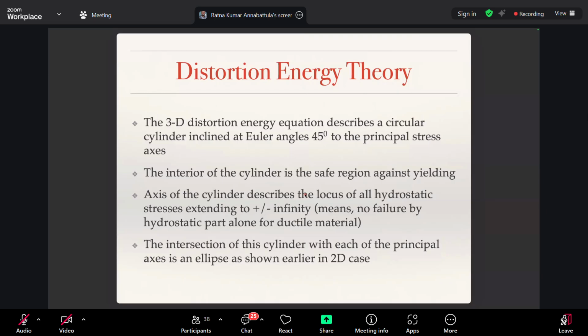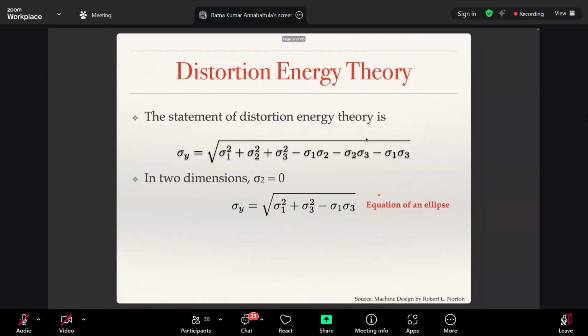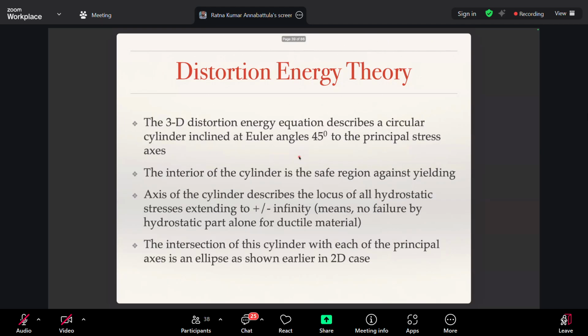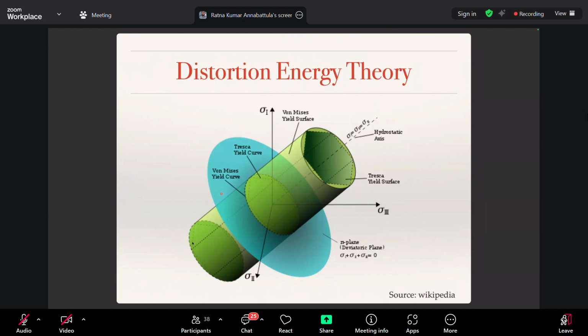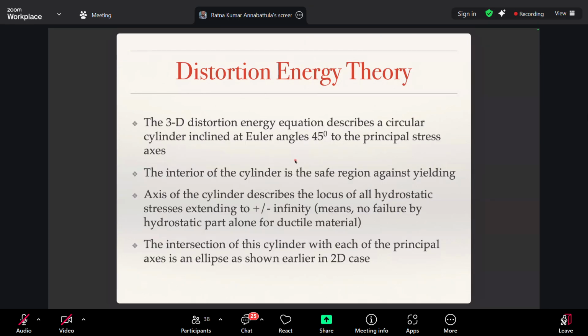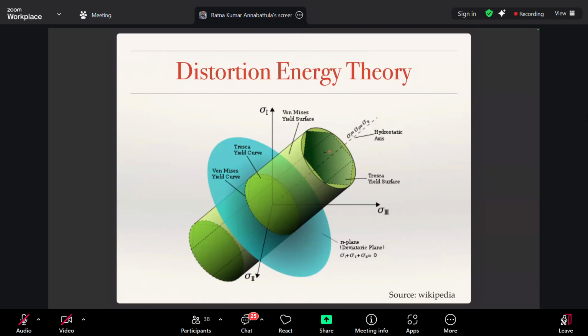And if you are plotting this in 3D, because it's for a 3D state of stress, that will be a circular cylinder, oriented at 45 degrees to each of the sigma 1, sigma 2, sigma 3 axes. All the stress states inside the cylinder are safe, or on the cylinder are plastically deforming.